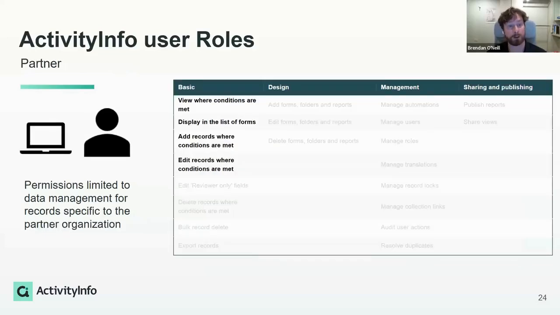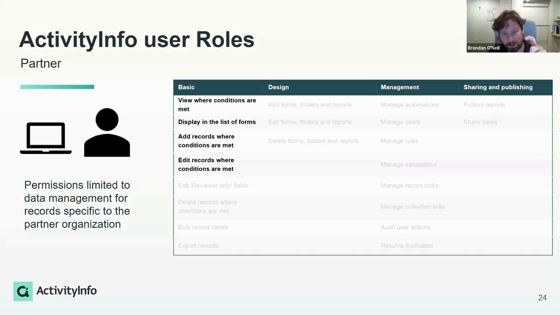Whereas your partners, they're going to have a much scaled back version of these permissions. They're really going to be focused on data management, right? Entering information in the system, updating it, and they're not going to have access to all the resources, all the forms, all the databases in the system.